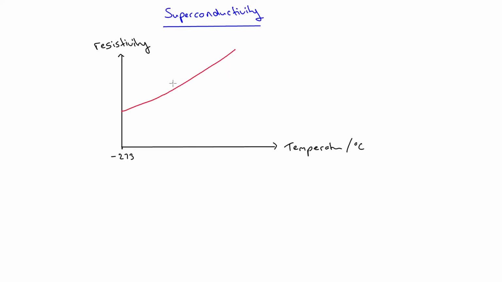Whereas for what we call a non-superconductor, normal materials, as you cool them down, yes, the resistivity will decrease, but even at the absolute coldest temperature we can get, which corresponds to minus 273 degrees Celsius, what we sometimes call 0 Kelvin. Kelvin is an absolute temperature scale because it starts at 0. The coldest temperature you can get is 0 Kelvin, which corresponds to minus 273 degrees Celsius.